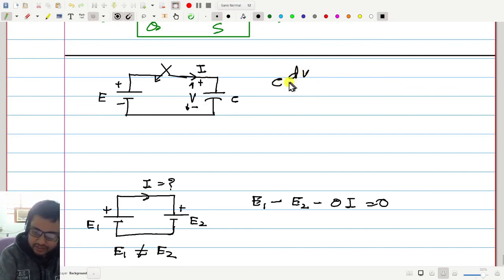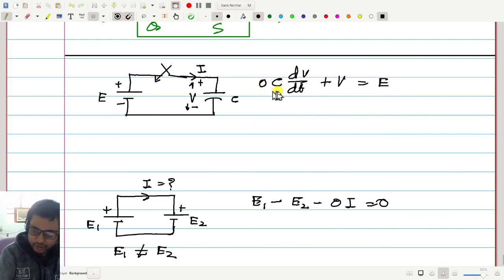C dV/dt is the current, if there is any R, we write into R is the voltage drop, plus V is equal to E. That's the normal equation. Now we will put R equal to 0.